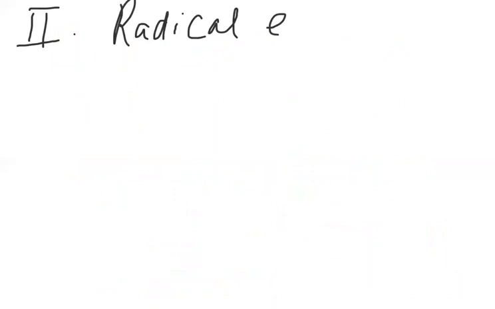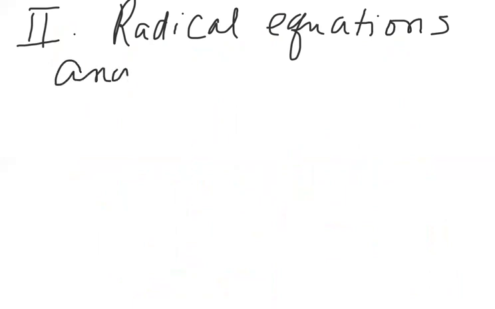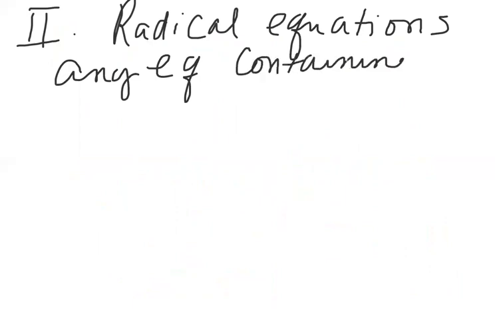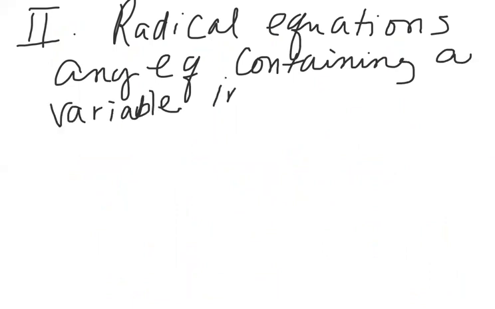Part 2. This is where we're looking at the radical equations. And yes, you will see radical equations on the test. I believe there's 1 radical equation on the test, okay? When we talk about these radical equations, we're looking at any equation containing a variable inside or under a root.